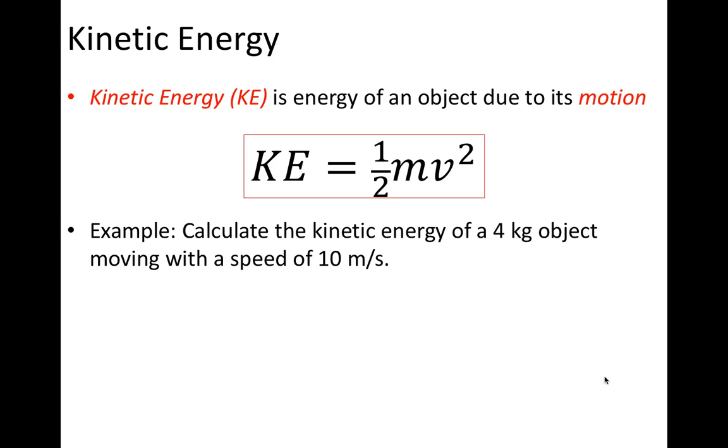So calculating the energy, we can use the equation. KE is 1/2 times the mass times the speed squared. We were given the mass of the object as 4 kilograms. We were given the speed as 10 meters per second. So we can plug those values in.